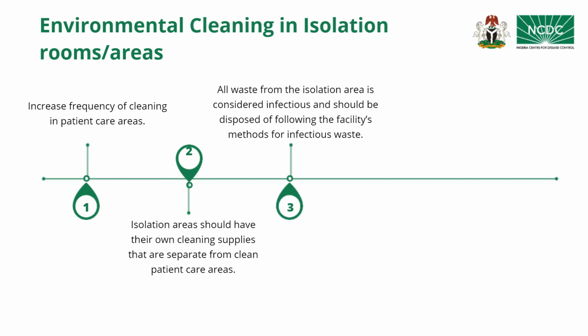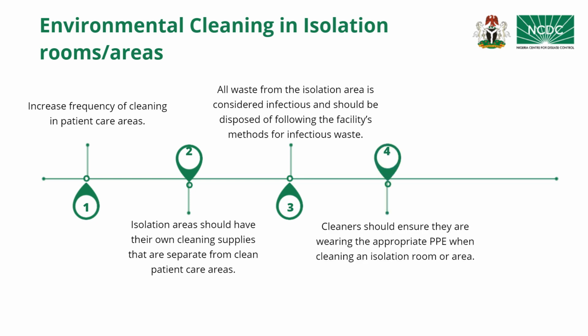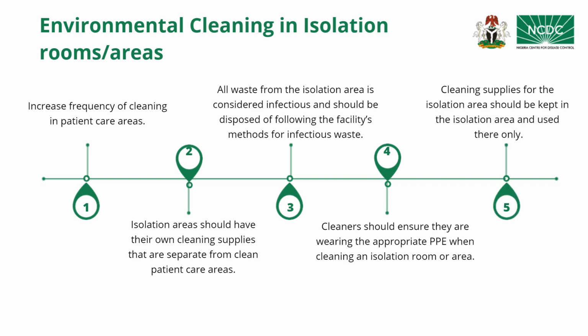All waste from the isolation area is considered infectious and should be disposed of following the facility's methods for infectious waste. Cleaners should ensure they are wearing the appropriate PPE when cleaning an isolation room or area, and the cleaning supplies for the isolation area should be kept in the isolation area and used there only.